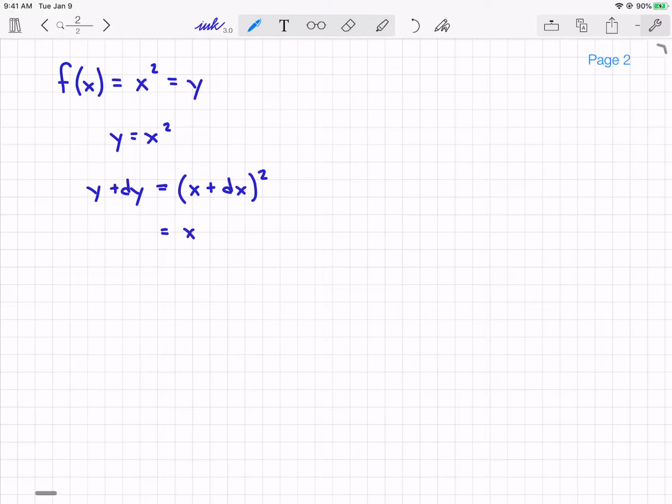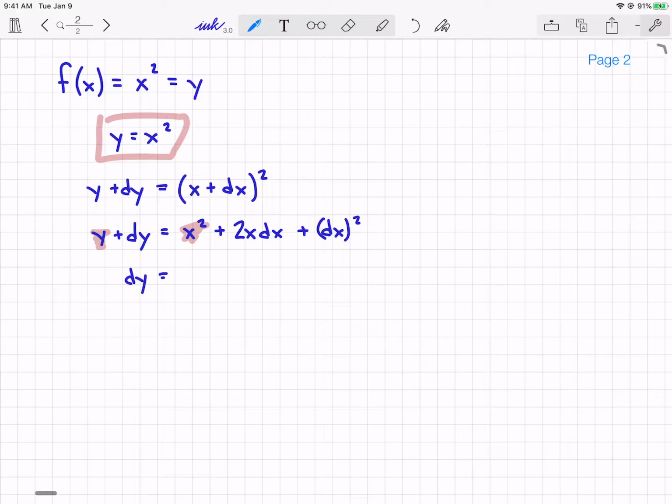If I expand the right side, I get x squared plus 2x times the differential dx plus dx, which is a differential, squared. Now what you'll notice is I've got a y and x squared on both sides. Well, before I said that y equals x squared, so I'm able to remove that from both sides.